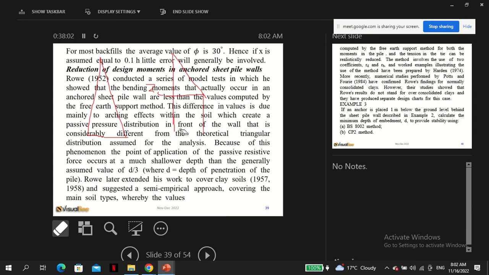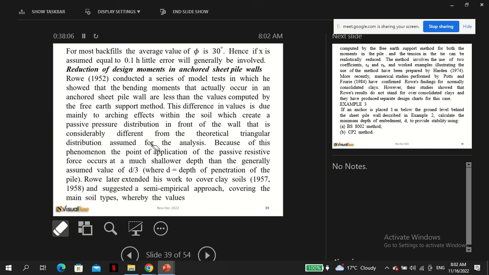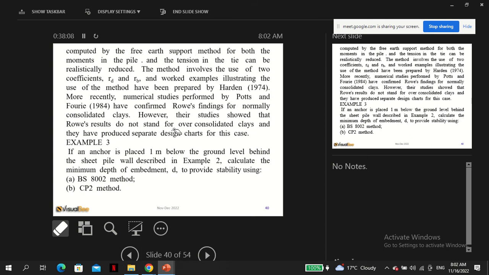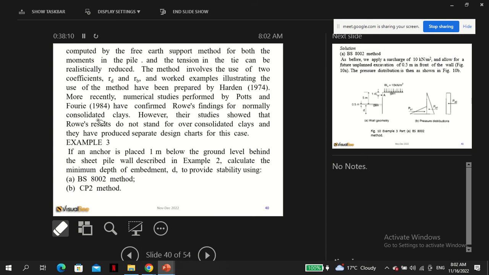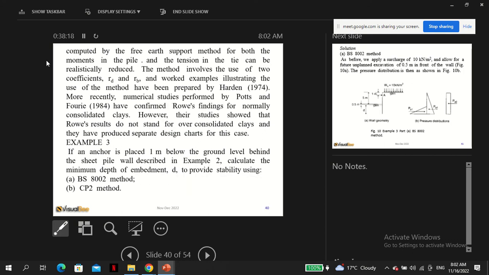But also, his results are only partially valid, according to some other researchers who found that for certain over-consolidated clays, as we already talked about, the results are not valid. So this is just some healthy discussion of how to apply this and what we calculate in theory, and when you go to the field, you find some differences.